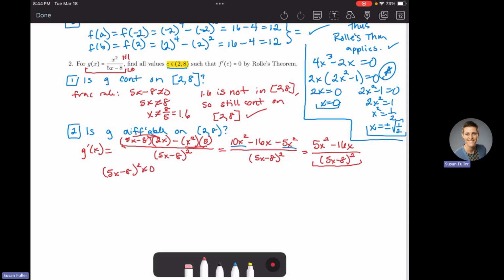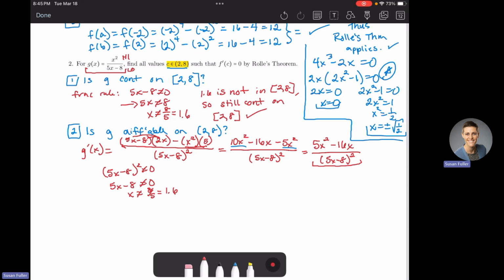And again, I'm going to take the square root of both sides. So that means 5x minus 8 can't be 0. And notice that's the same as I had up here. So again, I'm going to end up with the same thing that says x can't be 8/5. That's a 5, sorry. 8/5 or 1.6. Right, same thing that we got before.